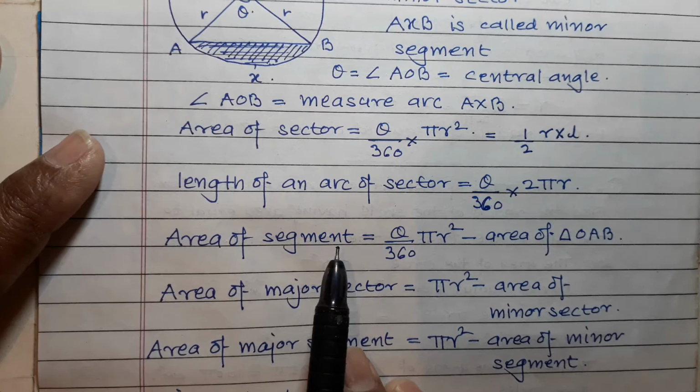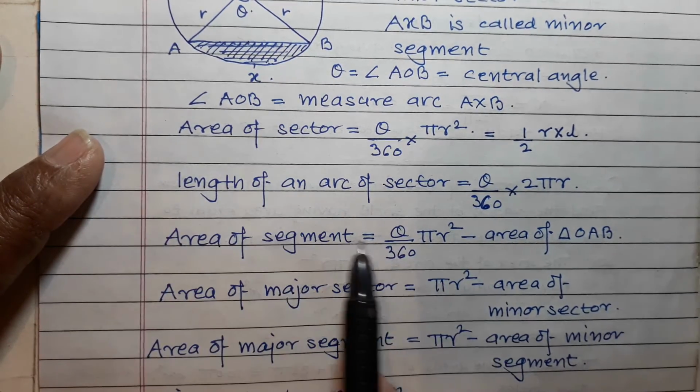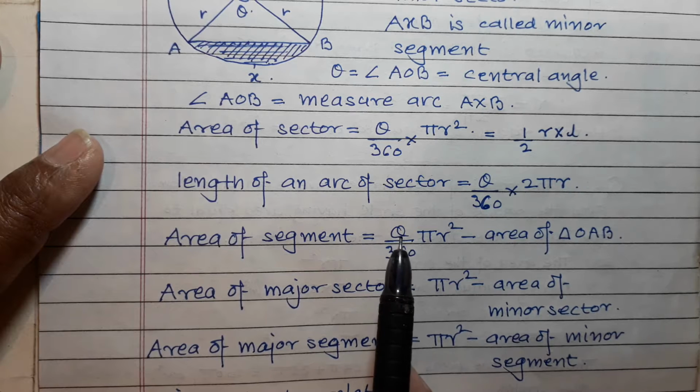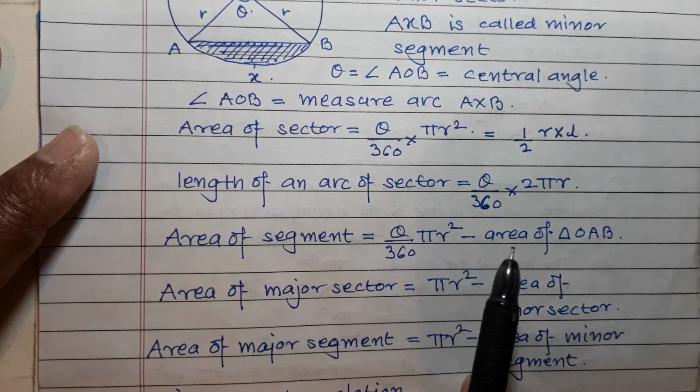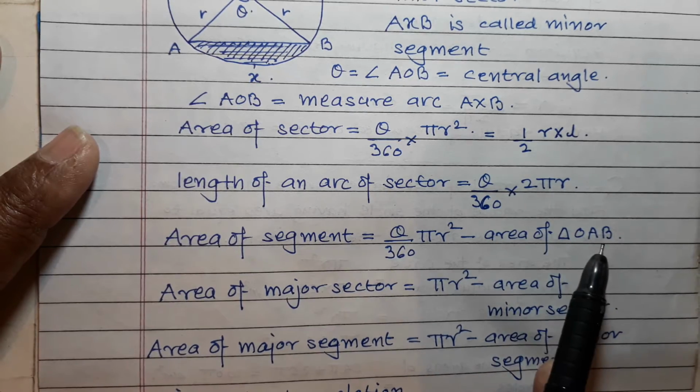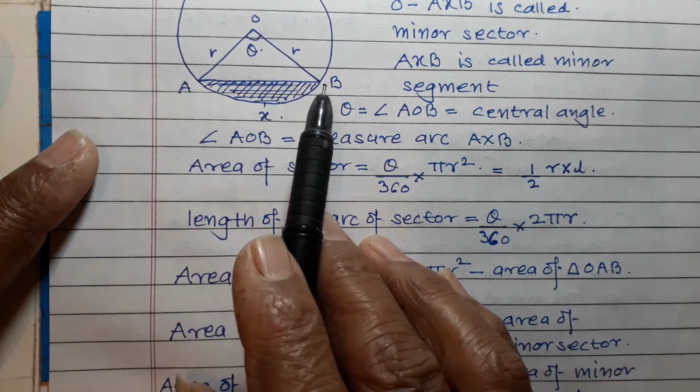Area of segment is equal to theta upon 360 pi r square minus area of triangle AOB. So this is a segment AXB.